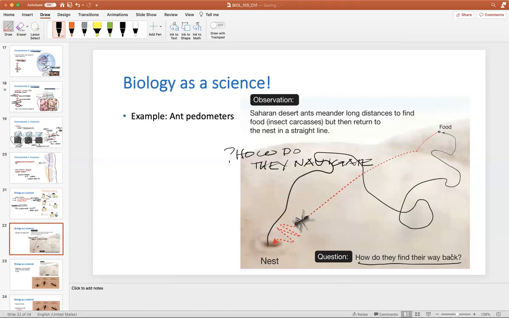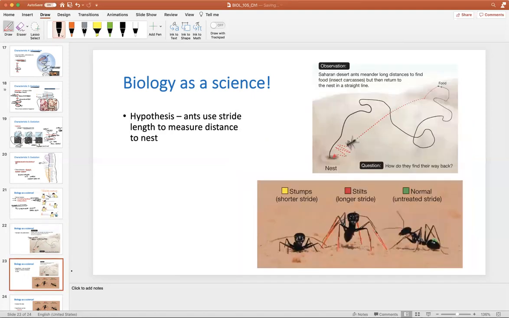So these researchers that were looking at these ants, they devised a hypothesis, and they said, you know what? We think it might be that they use stride length to measure the distance to their nest. Okay, so can they test this hypothesis of stride length? Well, it looks like they did, and this is sort of an interesting way to test this hypothesis.